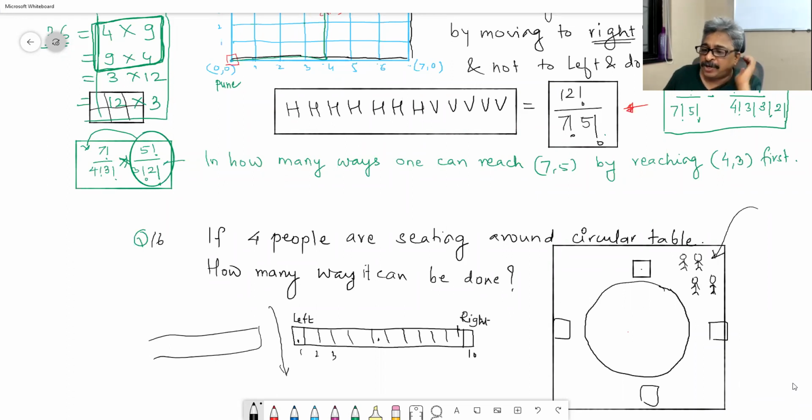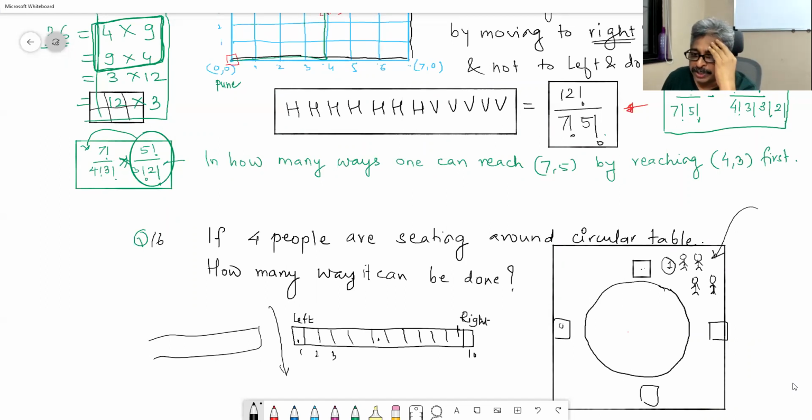Because it is circular, you do not have any choice for the first seat. If this is a boss, he can go and occupy any one of the chairs. So the first person has got only one choice.